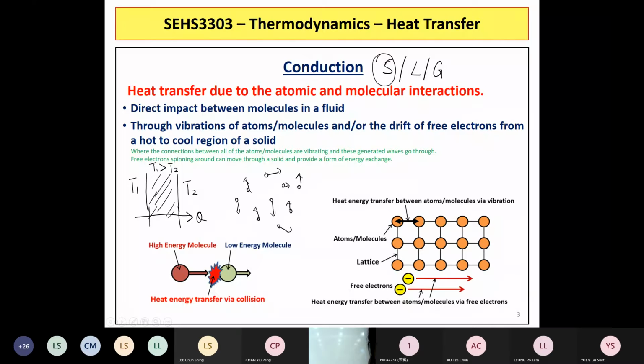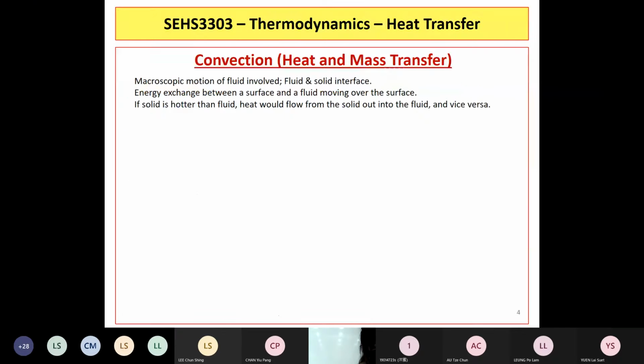When we're talking about conduction in a fluid, first thing is that there is no macroscopic movement, especially for a fluid. Because if a macroscopic motion of a fluid is involved, we will have another heat transfer.